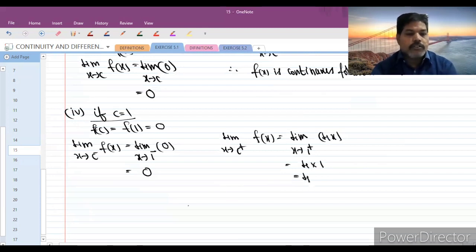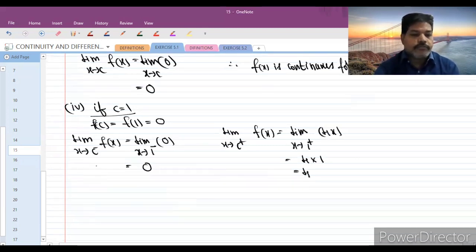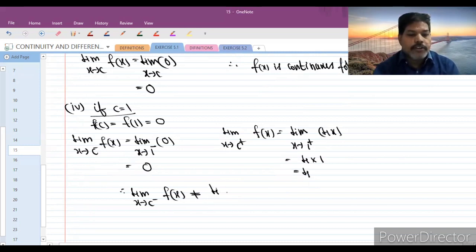So what we can conclude is that the limit as x tends to c minus of f of x is not equal to the limit as x tends to c plus of f of x.